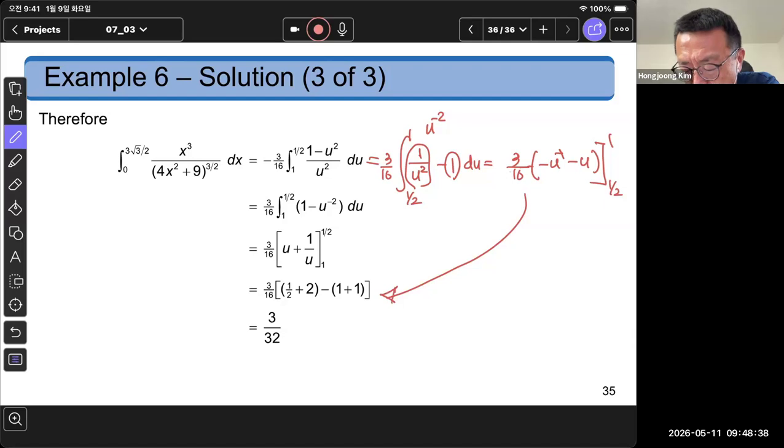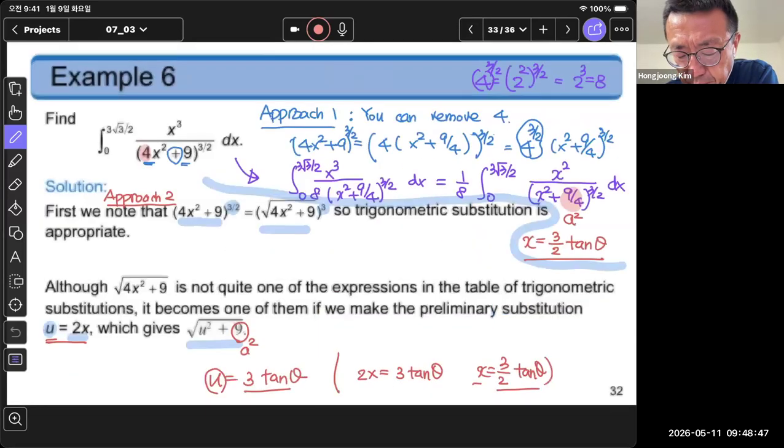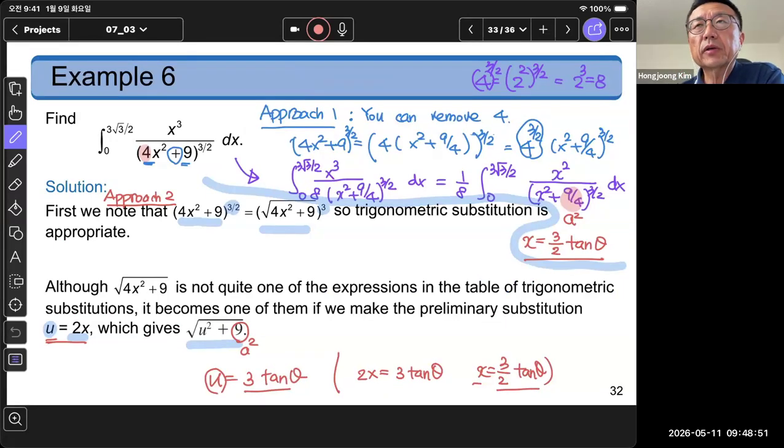And if we do the math, you get this value. Okay. So the point is, for this problem, this is quite difficult and complicated. You need to notice that you have some positive number 4 multiplied to x squared.